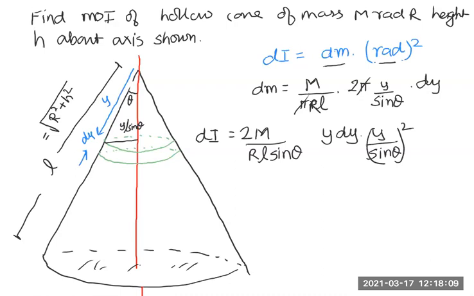Sin theta is equal to radius upon y. Sorry.